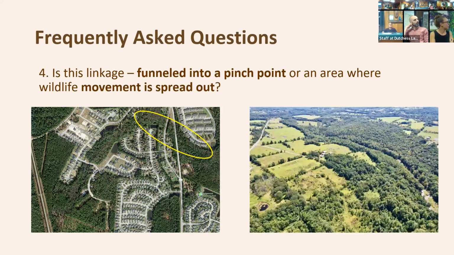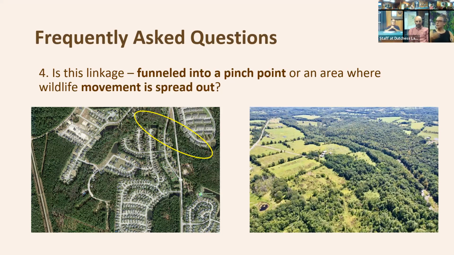On the other hand, this is much more like Dutchess County and Columbia County. You have these big open spaces that are often a mix of farmland and forested lands, and it often looks much more like this, where wildlife are moving fairly freely between what's often natural spaces. Farmland is always an interesting example. A lot of species will move freely through it, but some will only move if there's good edge cover, and it can be a big barrier for a lot of species like amphibians.